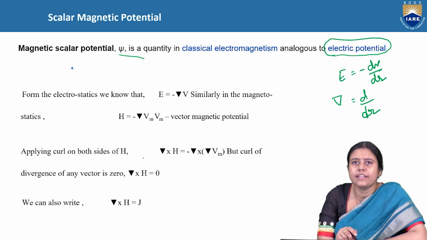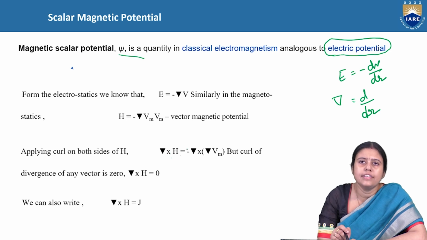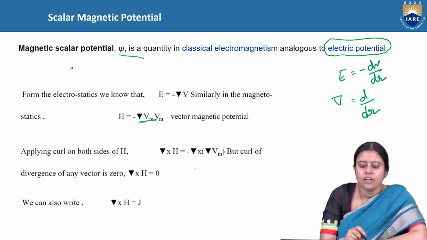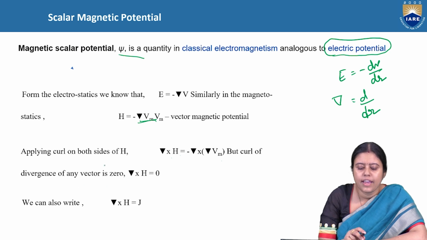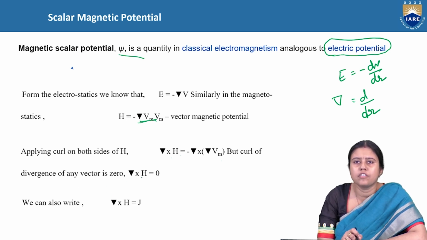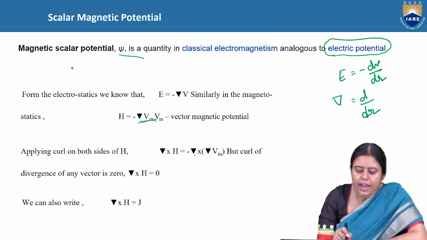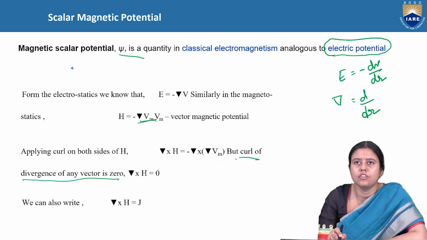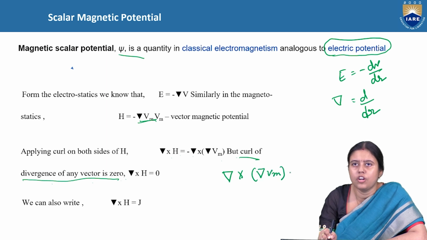Now if we take the curl on both sides, we can write grad cross H is equal to minus grad cross grad Vm. As the curl of the gradient of any scalar is 0, grad cross grad Vm is equal to 0.